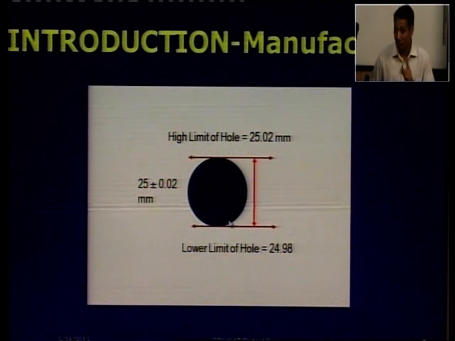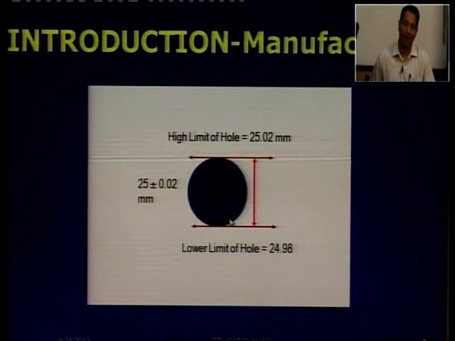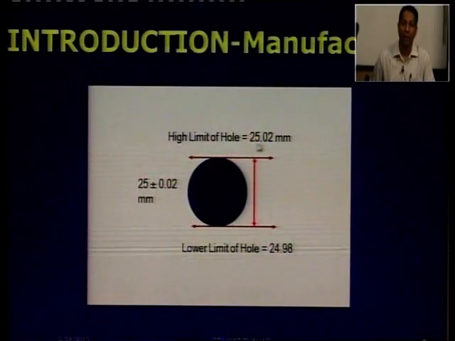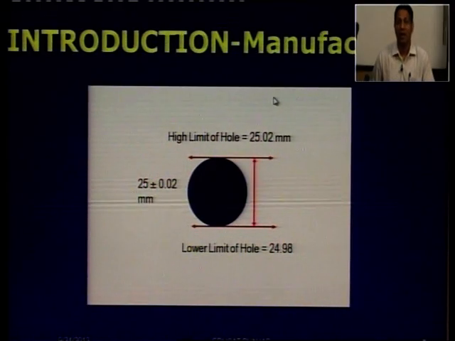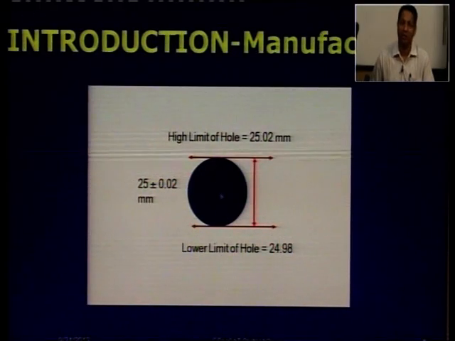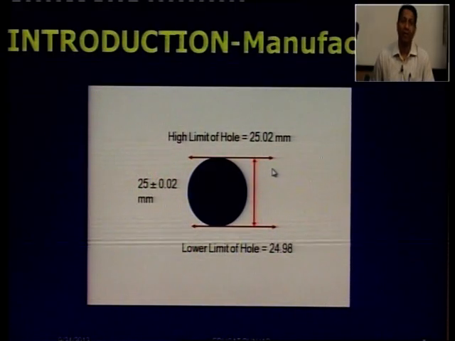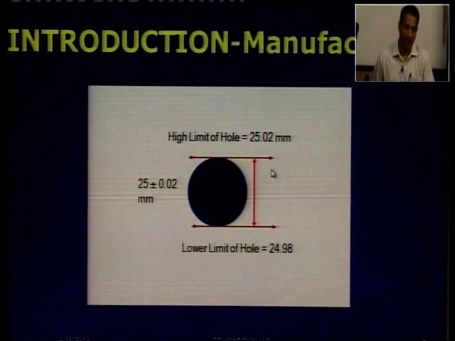If that is not inserted, this is our requirement, my dear friends, that should not be inserted. A gauge above 25.02 should not go into it at all. So that type of gauge is called not go gauge.